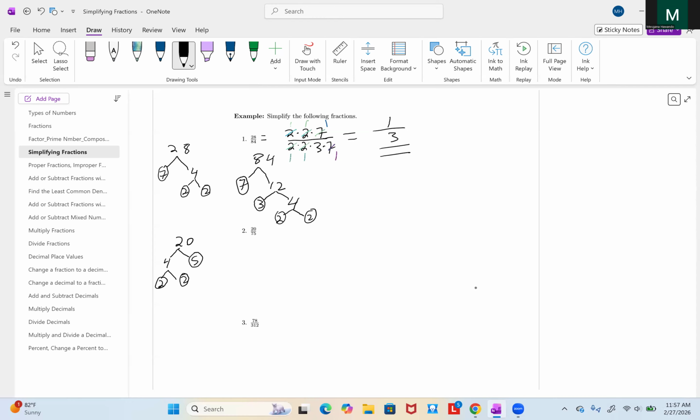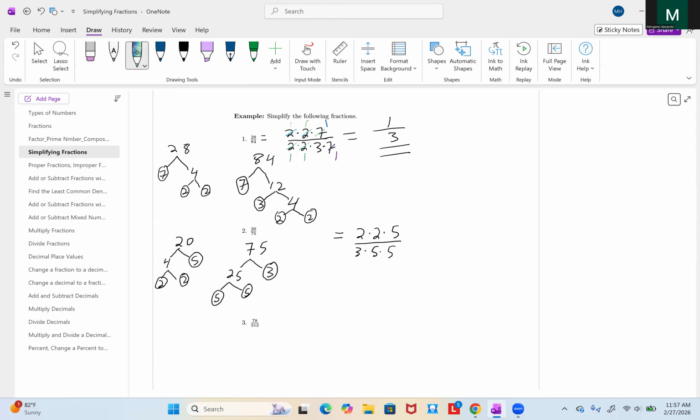So now we do the same thing with 75. 75 is 25 times 3. 3 is a prime number, circle it. 25 is 5 times 5. 5 is a prime number, circle it. So what do we have? 20 is 2 times 2 times 5. 75 is 3 times 5 times 5.